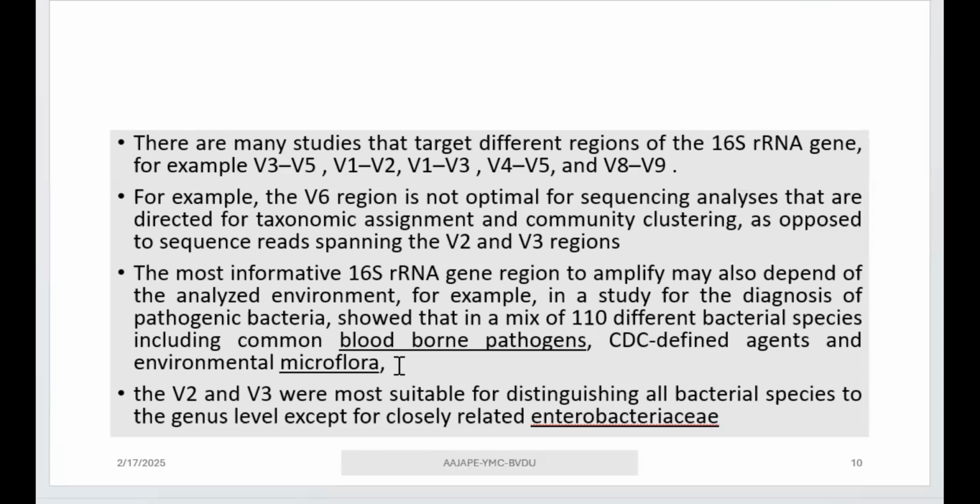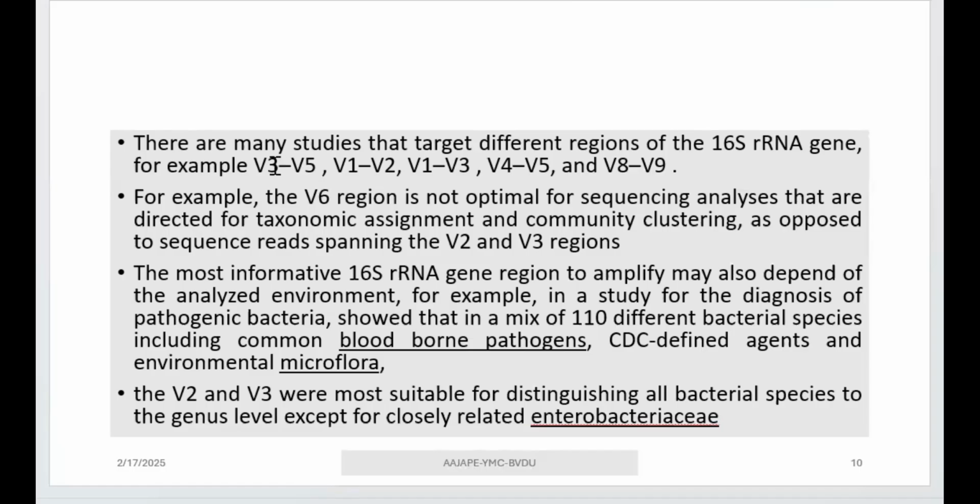So what are you talking about? You are talking about pathogens which come from blood, bloodborne pathogens, and 110 different bacterial species were there. What was found is that V2 and V3 regions are more suitable for distinguishing all bacteria species to the genus level except for closely related Enterobacteriaceae.